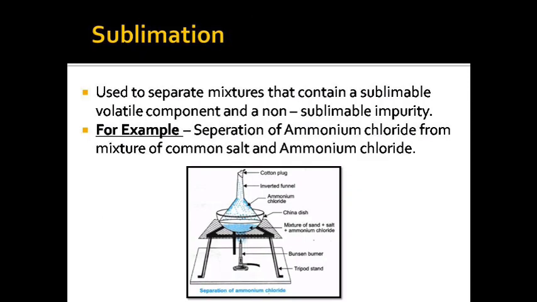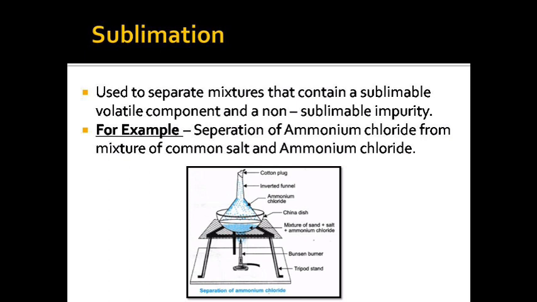The next separation technique is sublimation. Generally, we know that sublimation is a technique of converting a solid directly into gas without converting into liquid. It is generally used to separate mixtures that contain a sublimable volatile component and a non-sublimable impurity.